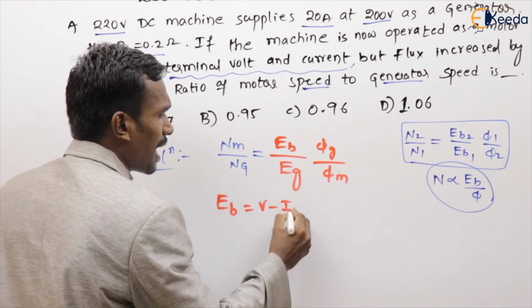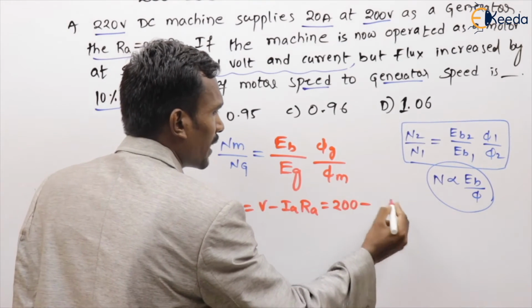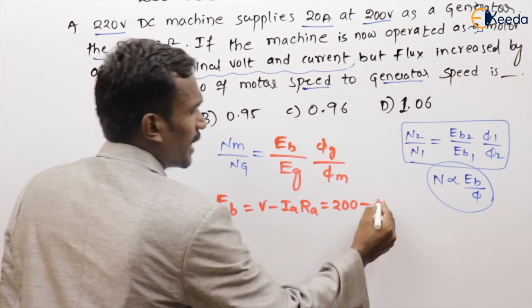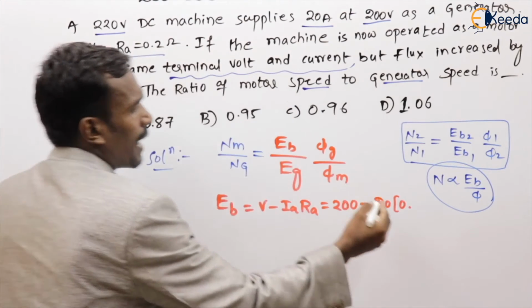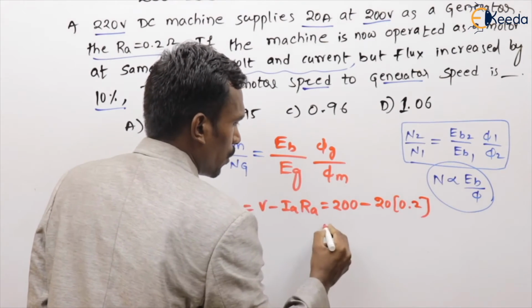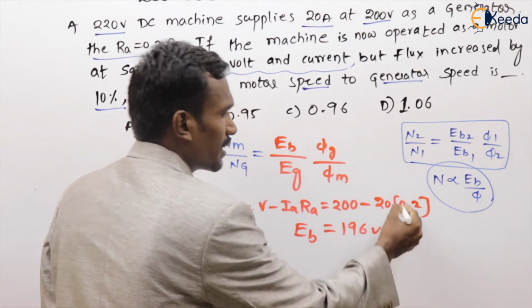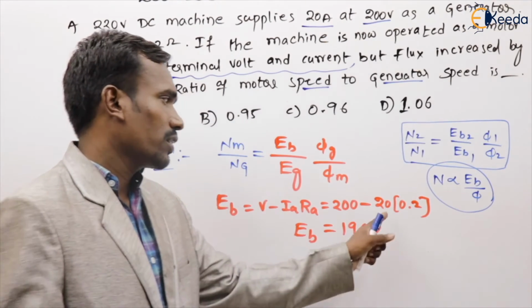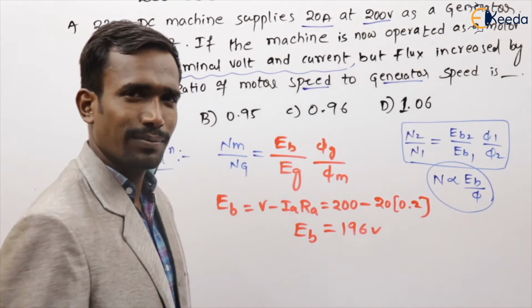V minus IaRa. V is 200, minus Ia is 20, and Ra is 0.2. So Eb is equal to 196 volts. This is 4. 200 minus 4, 196.